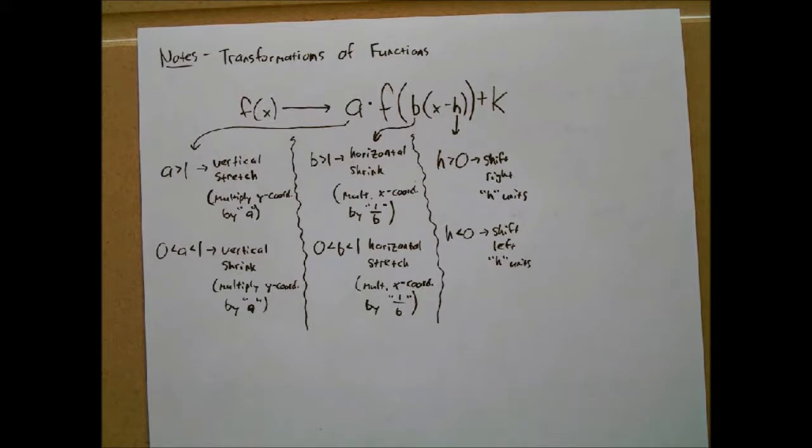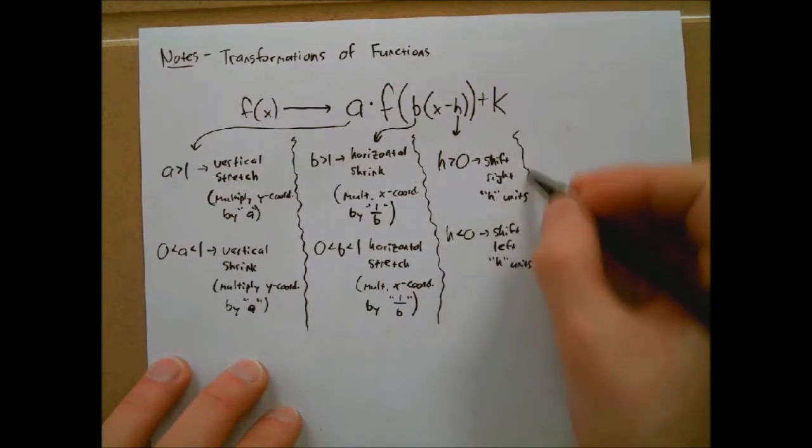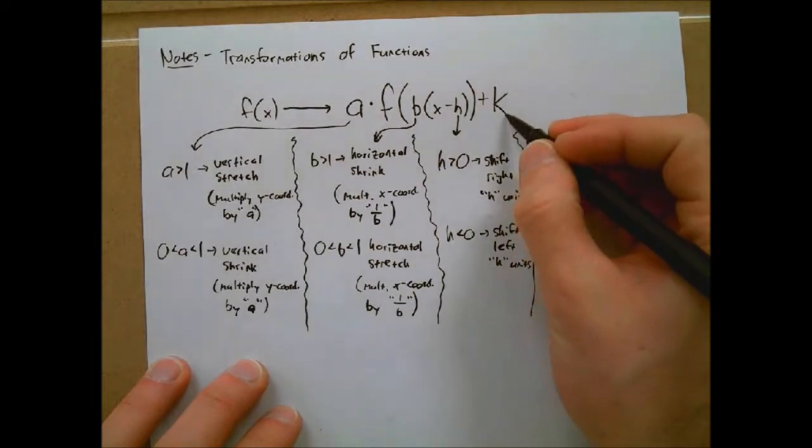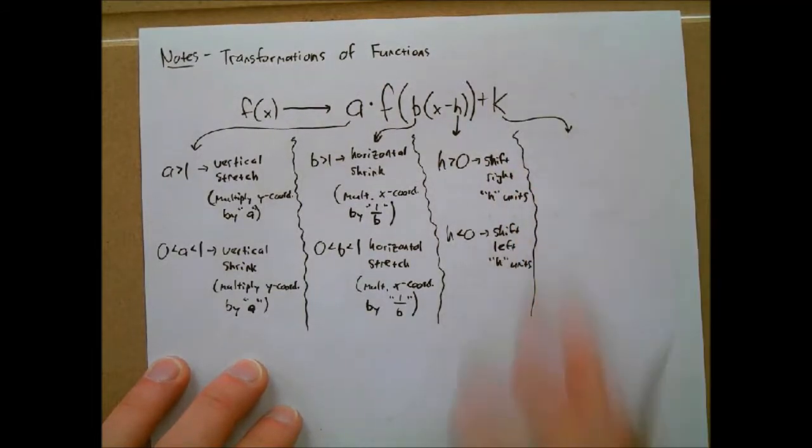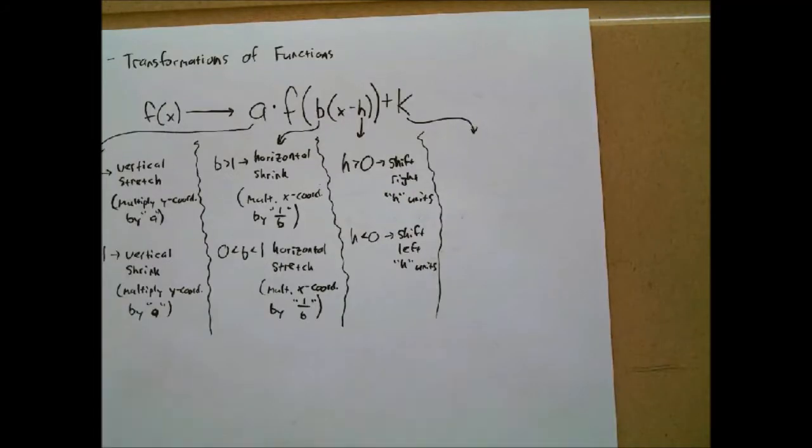And then finally, what's this k on the outside? What does that do? When you put an f of x plus 1 or f of x minus 2 on the outside like that, it shifts it up or down, right? Exactly right.